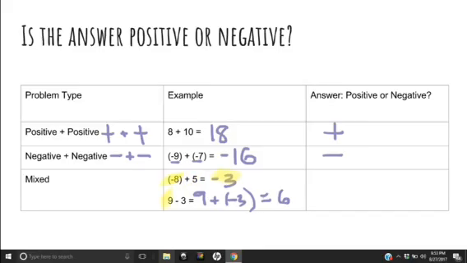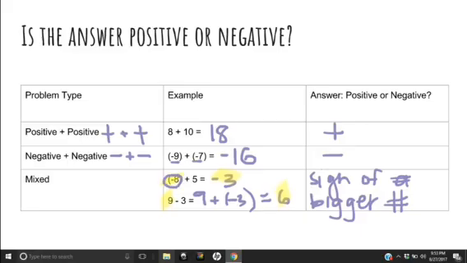Here, the 9 is positive, it's bigger in absolute value than the 3, and since the 9 is positive, then the 6 is positive. So the answer has the sign of the bigger absolute value number. I'm just going to write sign of bigger number, and you'll know if it's positive or negative. So negative 8 was bigger, it's negative. 9 was bigger, it's positive.